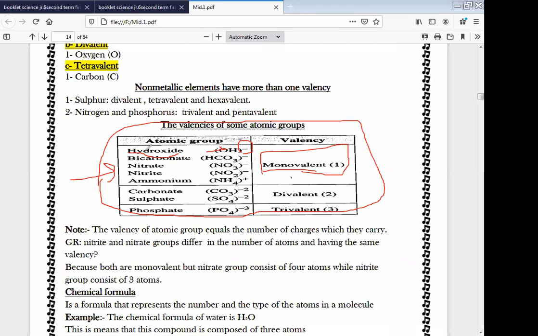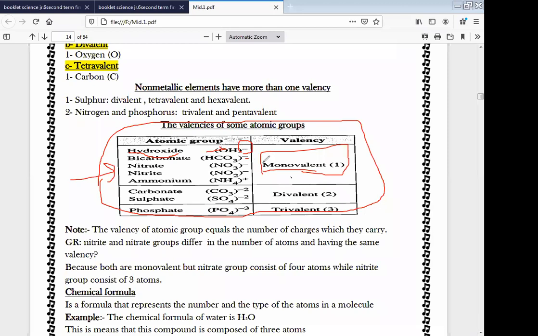Second, bicarbonate, HCO3 negative, monovalent. Third, nitrate, NO3 negative, monovalent. Number 4, nitrite, NO2.